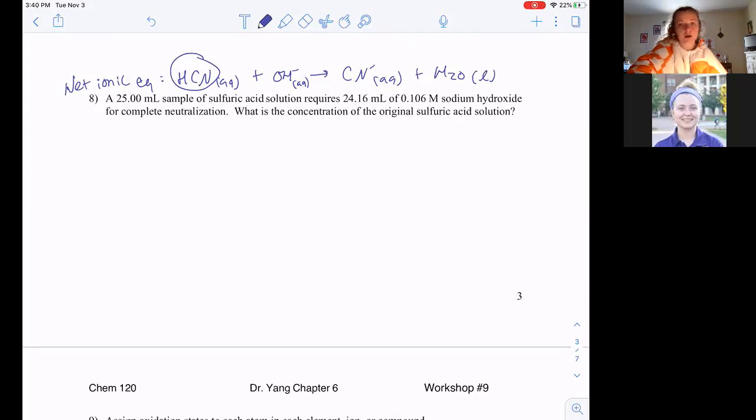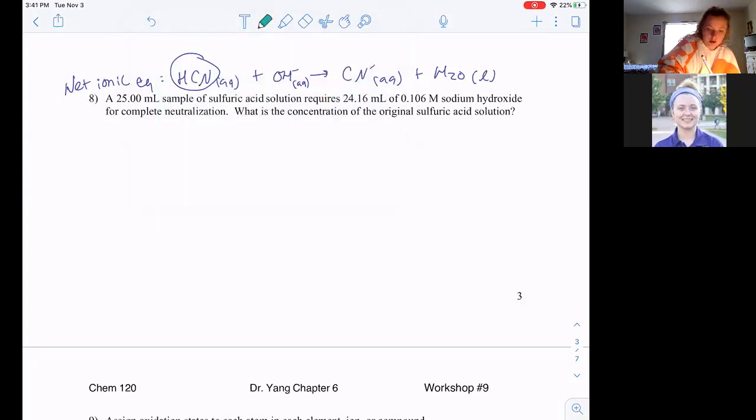The first thing we need to do is figure out the moles of the NaOH that's used to neutralize the acid. Then we're going to write an equation, balance it, so we can convert to how much sulfuric acid was used, and then we'll look at the total liquid to get the molarity.